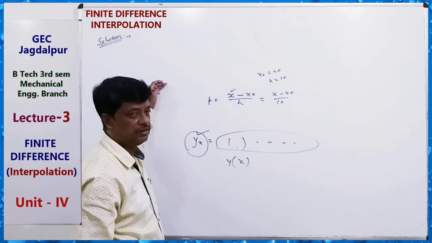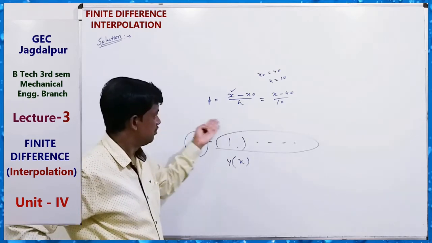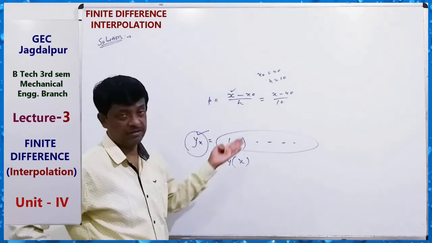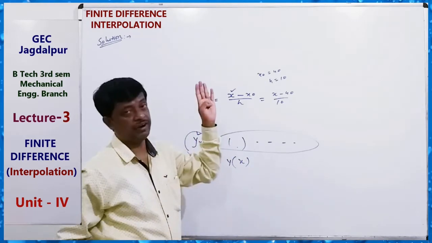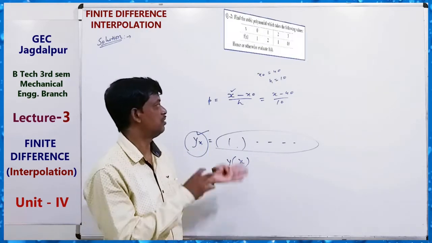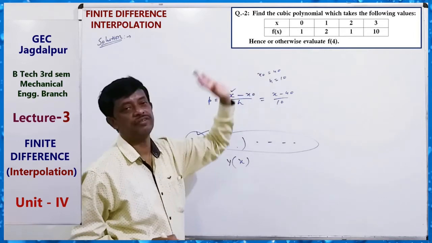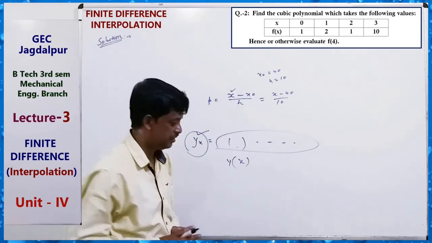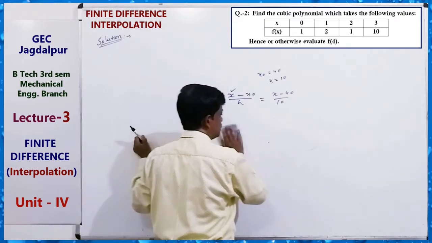If 3 entries are given, then we can find a second degree polynomial. If 4 entries are given, we can find cubic polynomial. After finding polynomial, we can interpolate, extrapolate for any particular value of x in between the range of values of x. Clear? So here, take the questions for this.